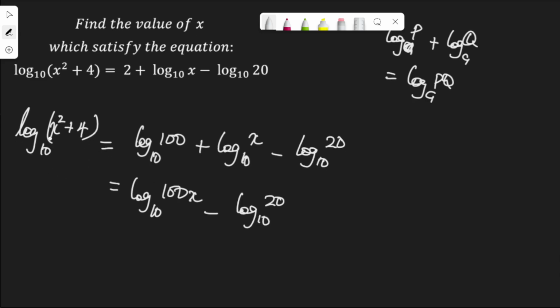That is on the right hand side. On the left hand side, we still have log (x squared plus 4) to base 10.